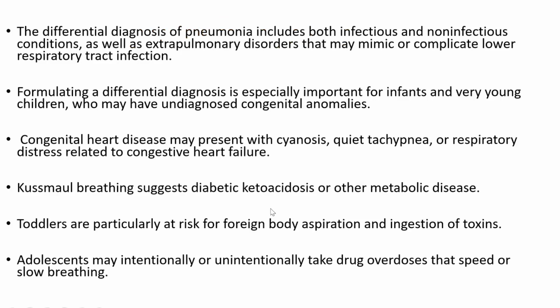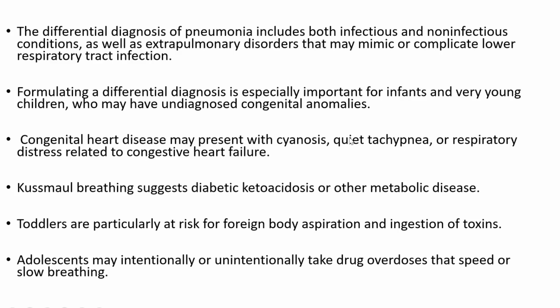Coming to the differential diagnosis of pneumonia patients, it includes both infectious and non-infectious, as well as extrapulmonary disorders that may mimic or complicate lower respiratory tract infection. In infants and young children, formulating the differential is especially important because there are many mimicking diseases, so we should differentiate each one.